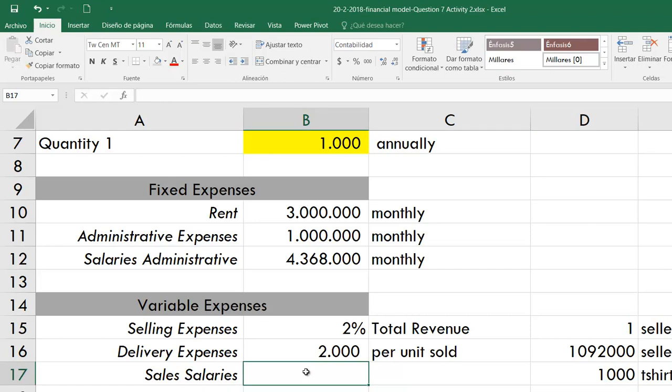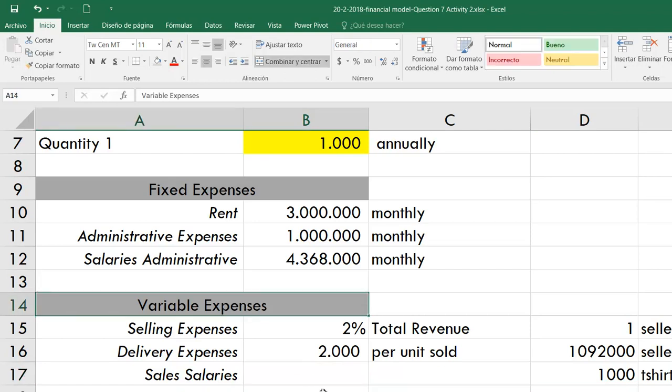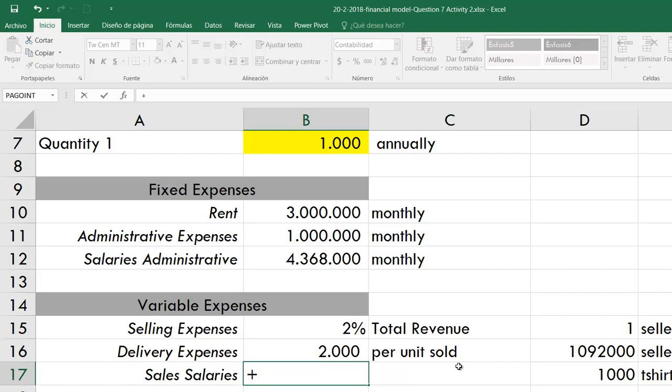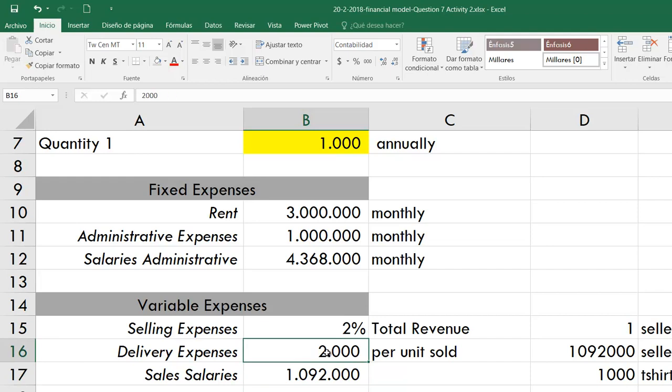So here in my sales salary, which should be a variable expense, is actually my seller salary times the number here. So right now I only need to pay one seller, I pay 2,000 pesos per delivery done and 2% on commissions. So what I just did here, let's try if it's correctly done. Right now I have 1,000 sales, let's try 2,000 sales.